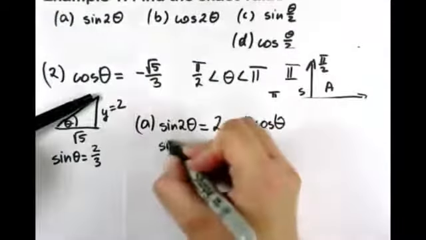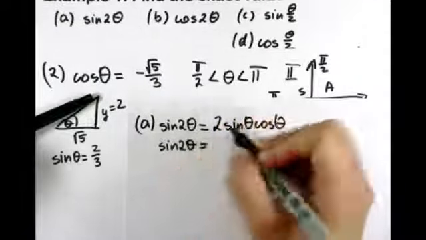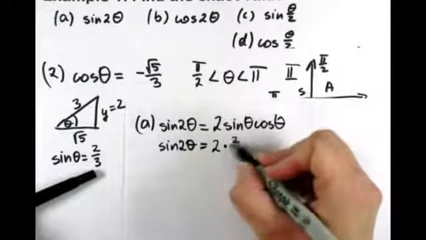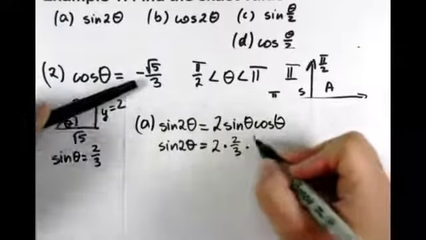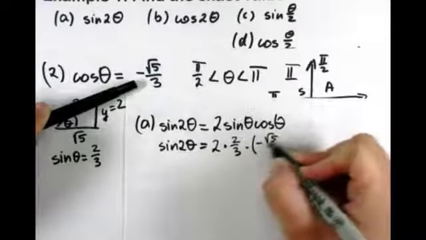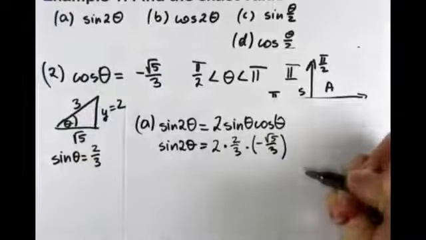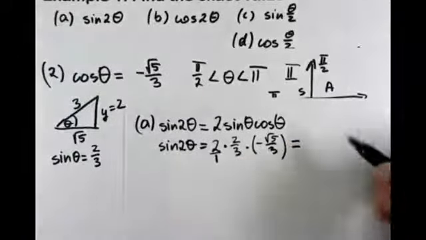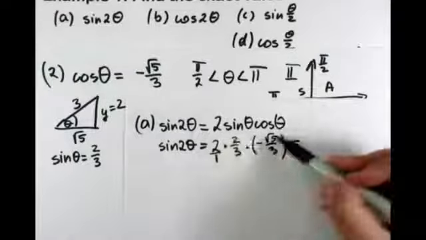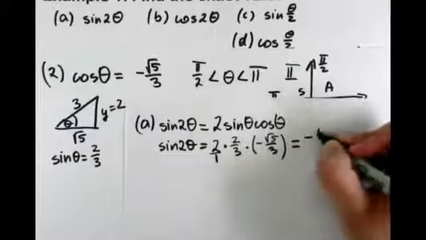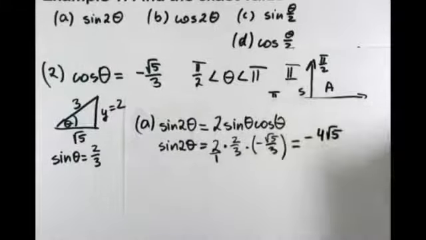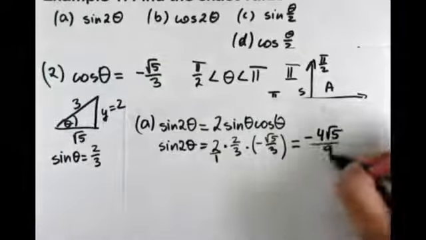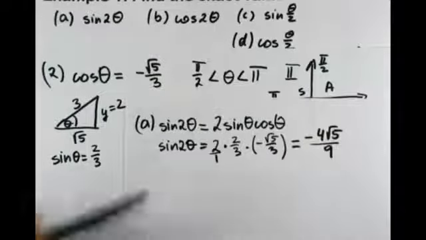So my sine 2 theta is 2 times sine, which is 2/3, times cos, which is minus root 5 over 3, and multiply everything out. This is like over 1. So we have 2 times 2 is 4, times minus root 5, it's minus 4 root 5. And 3 times 3 is 9. So that's my value for sine 2 theta.